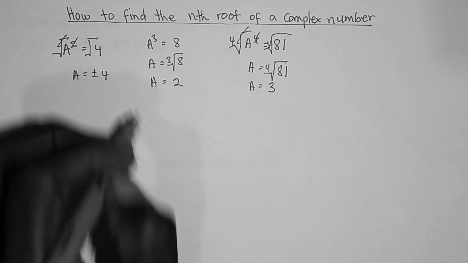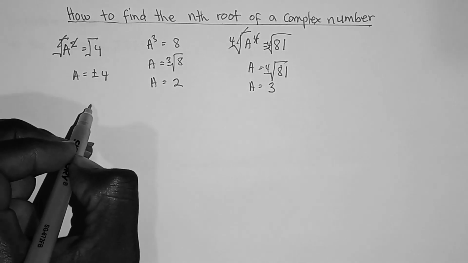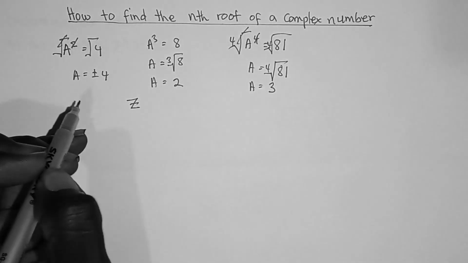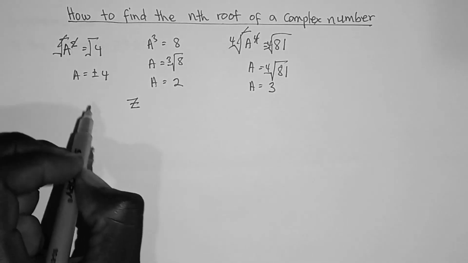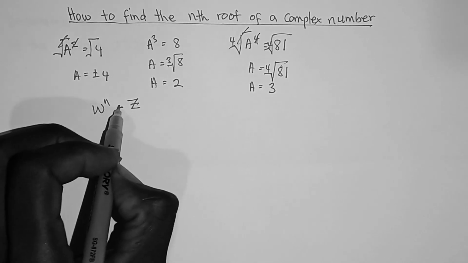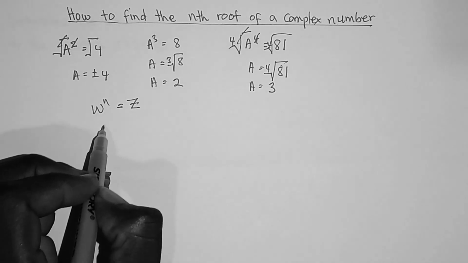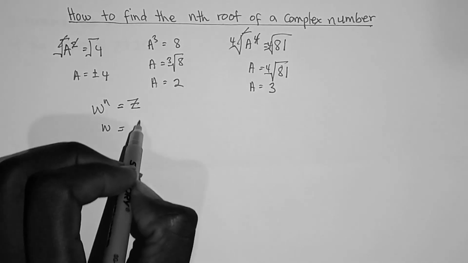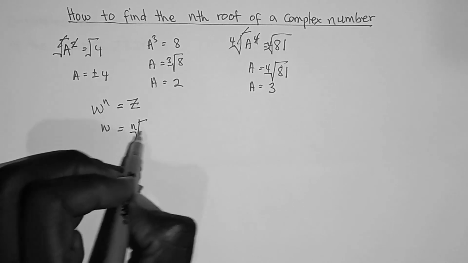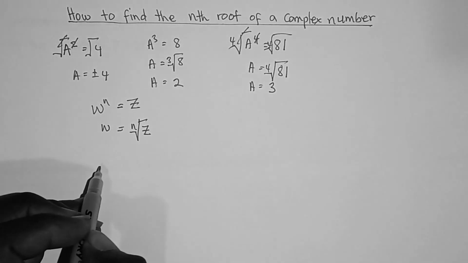So if you have a complex number z, and we have another complex number such that w exponent n is equal to z, and we want to find the number w, then w is equal to the nth root of z, where z is a non-zero complex number.